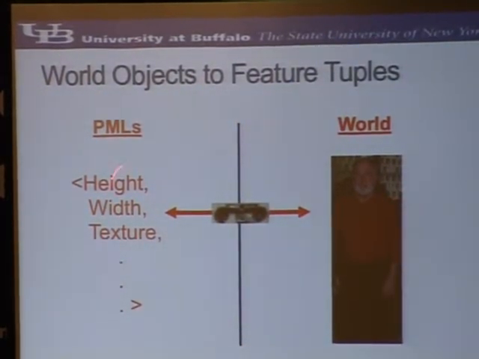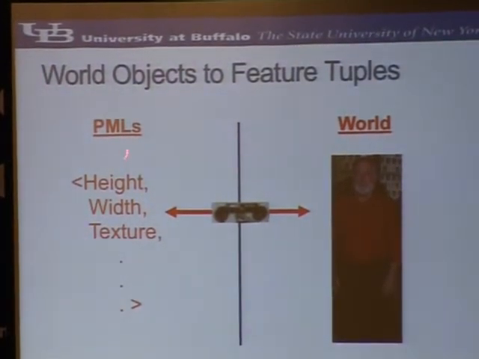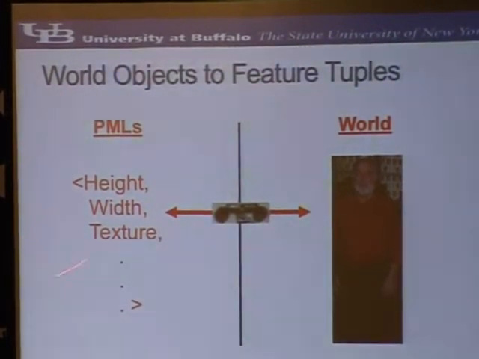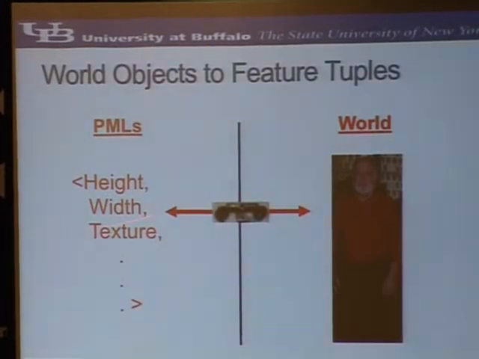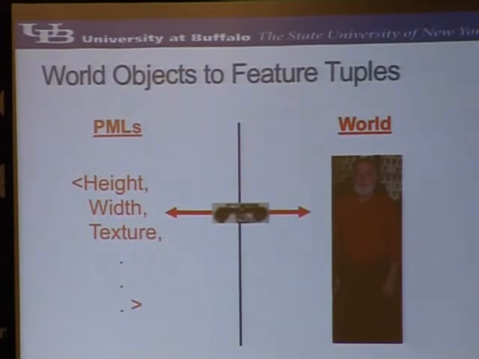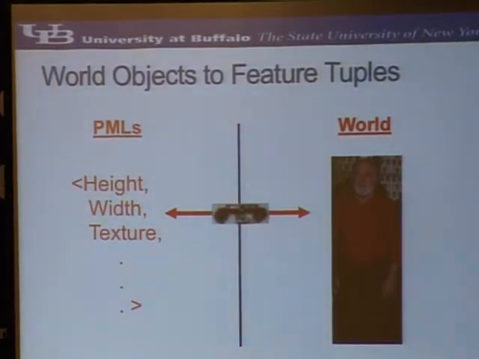And then the internal structure is some n-tuple of values on various dimensions. So a height, a width, a texture, weight, whatever. Okay, so that's from the world through SAL to PML.